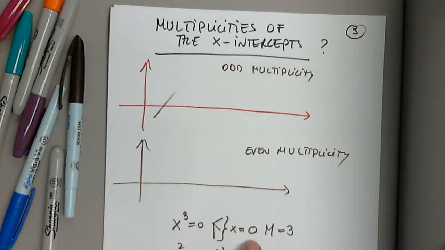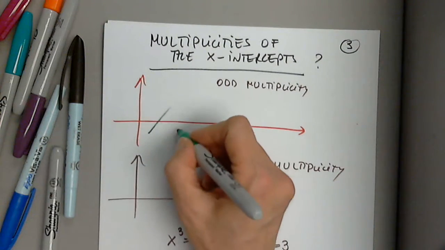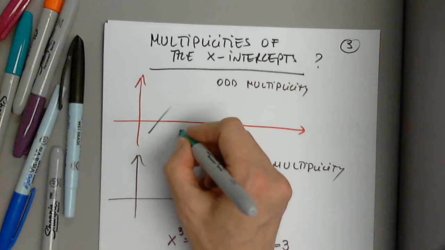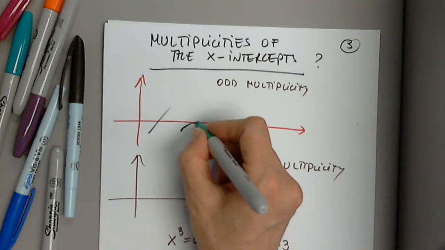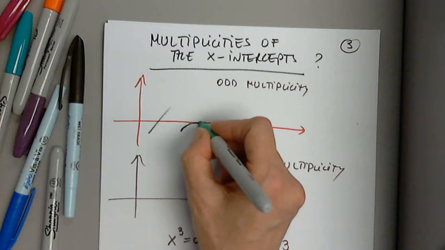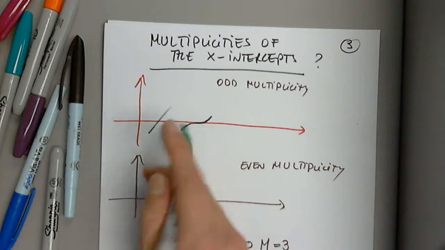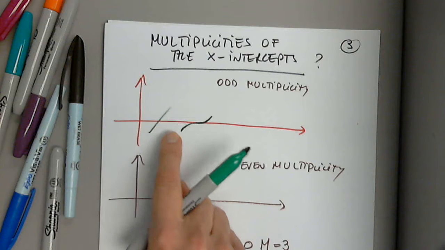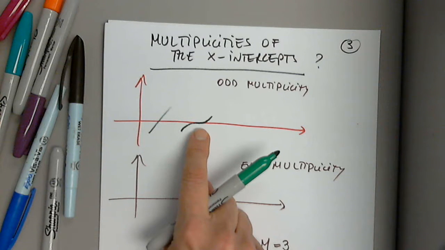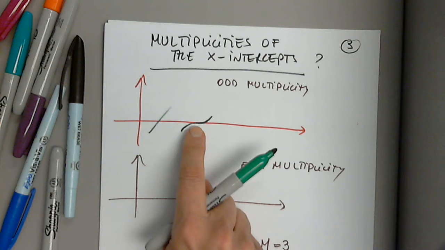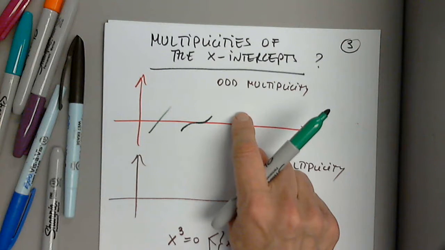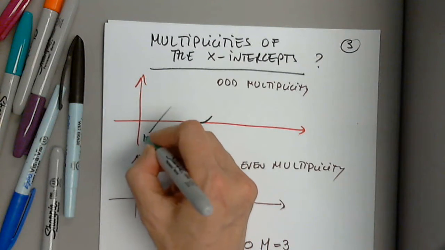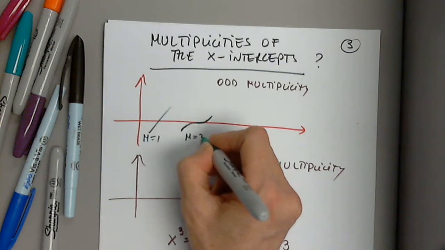But if there are 3 solutions, x equals 0, or x equals 5 or 10, doesn't matter, it will do this. It will still cross only once, but it will not cross like this. It will take its time. It will approach slowly and move away from the intercept slowly. So this is multiplicity 1, this is multiplicity 3.